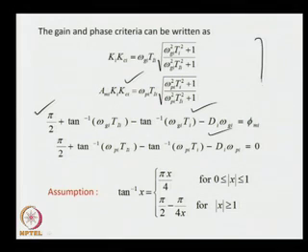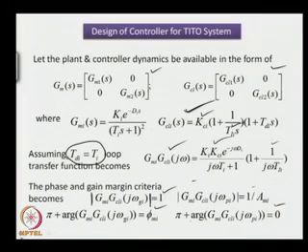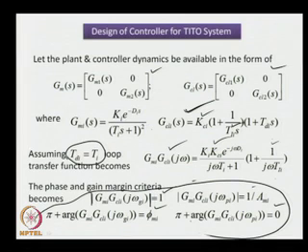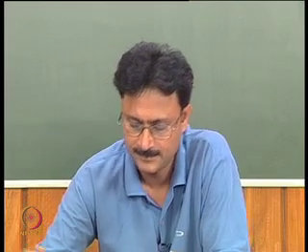So, these are the set of equations we have obtained from the four equations one can obtain using the phase and gain crossover points.